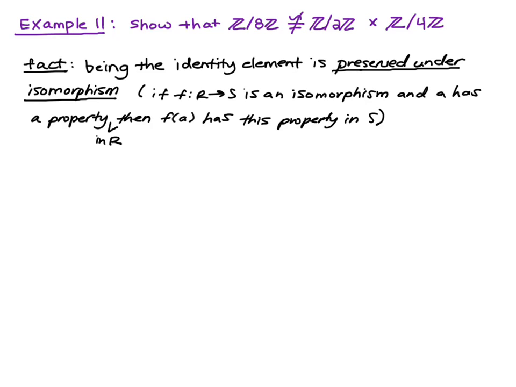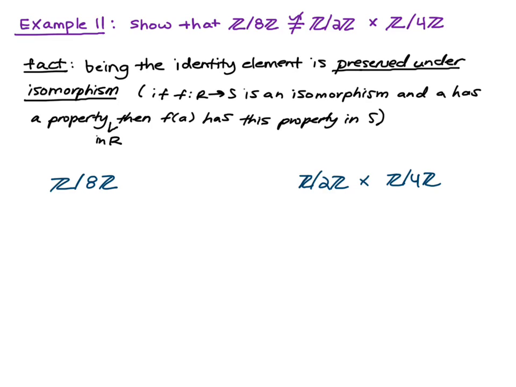So this means that if we take the identity of a ring R under a ring isomorphism, then that identity is going to map to the identity of S. And so how can we use this in this particular example? So we consider Z mod 8Z, and then Z mod 2Z times Z mod 4Z here.